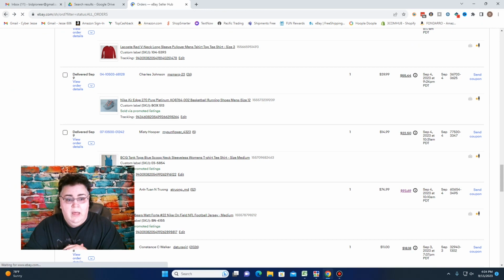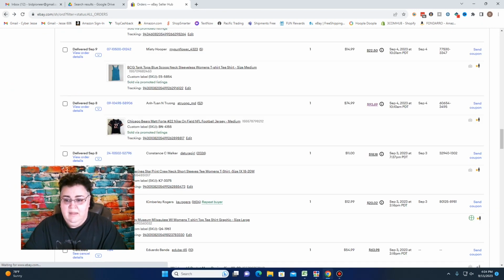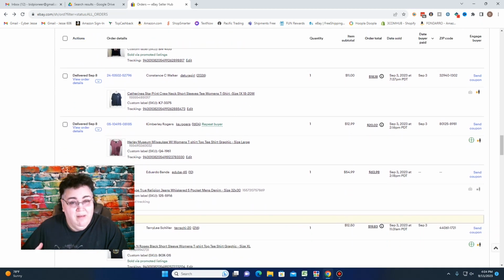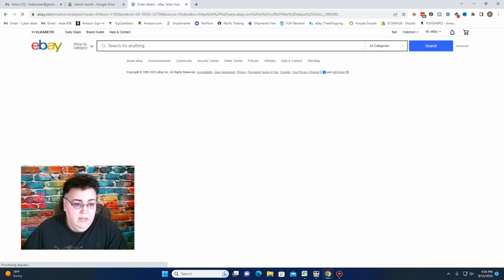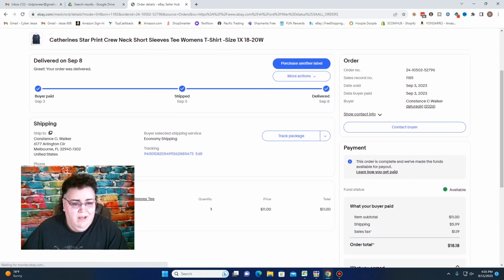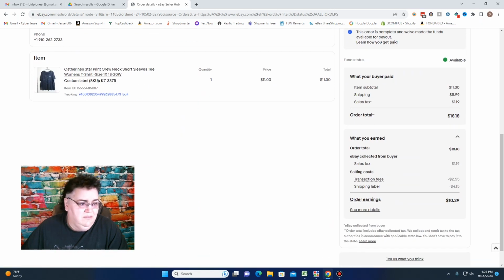I'd rather sell items and get them sold quickly, make a profit, even if it's a little bit of profit, and keep it moving. Here's another one. We sold it for $11. So Catherine's, we probably paid $1 for this. This is either definitely from the bins or from a bale. I think it's from the bins because I don't think we got any blouse bales. So let's look.